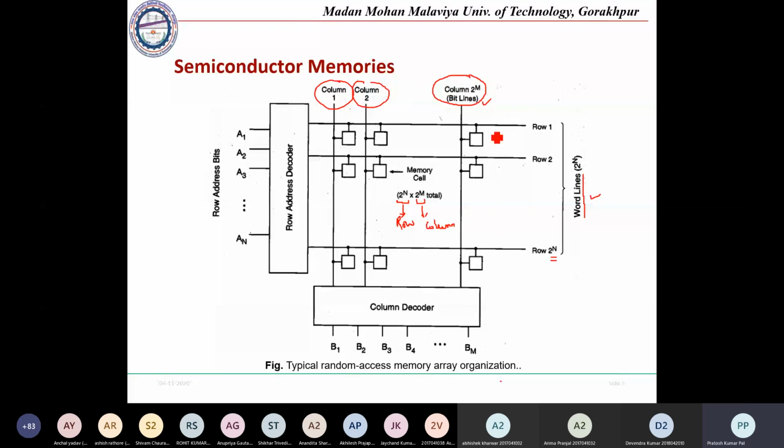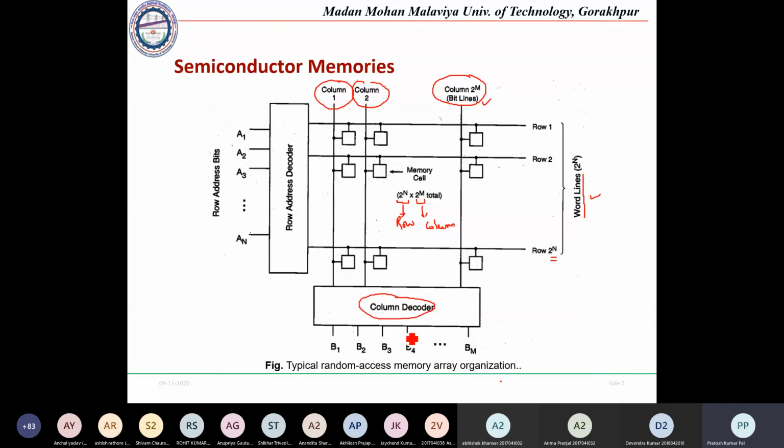And also, as there are 2 to the power m number of bit lines, to read or to write a particular data, we have to select a column or a row. To select one out of 2 to the power m columns, we need a decoder, and that decoder is called the column decoder.